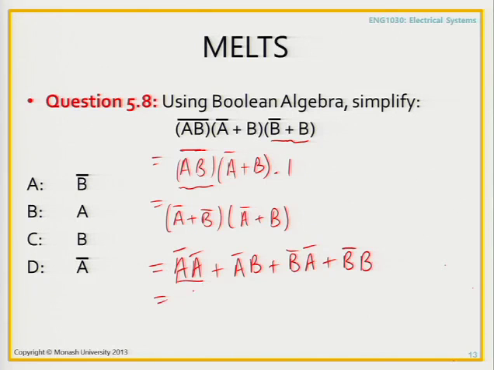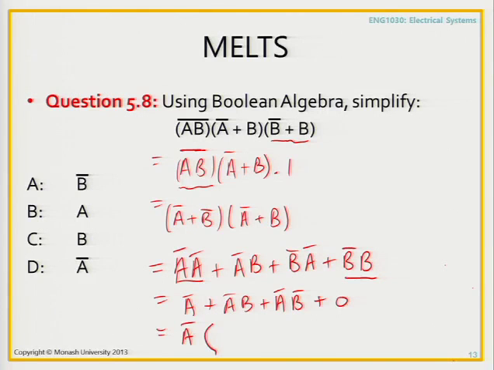Just A prime, because it's A prime and A prime. Plus, now you've got A prime B, can't do much with, plus A prime B prime, plus, what's this one equal to? 0. Good.